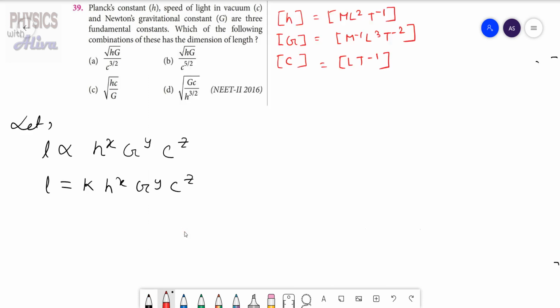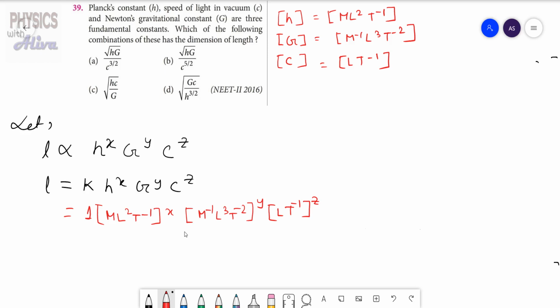Now we will put the values here. The dimension of k is 1, as k is a dimensionless quantity. Dimension of h is M L squared T to the power minus 1, to the power x. Dimension of G is M inverse L cube T to the power minus 2, to the power y. Dimension of c is L T to the power minus 1, to the power z.